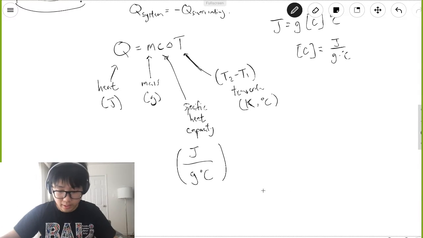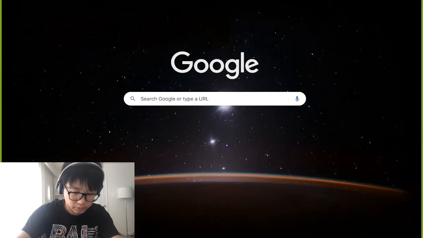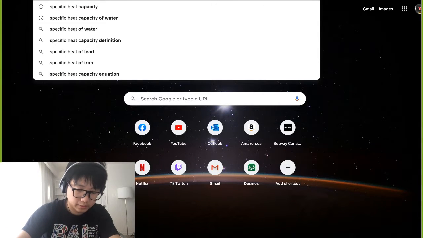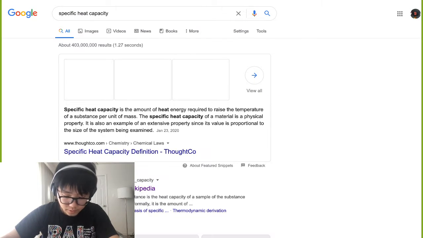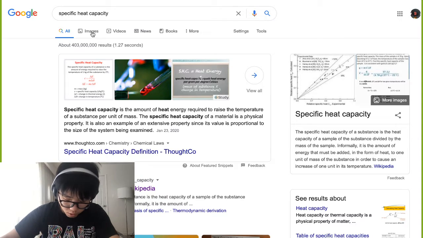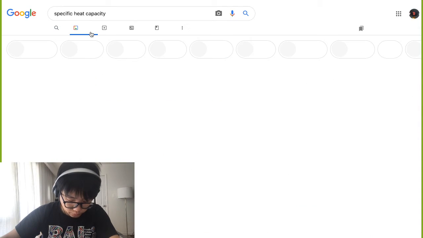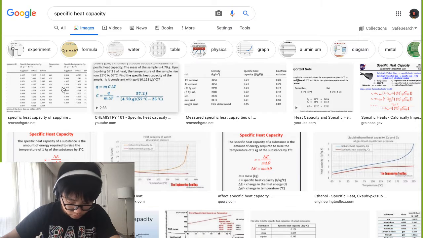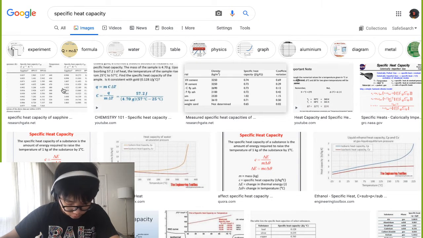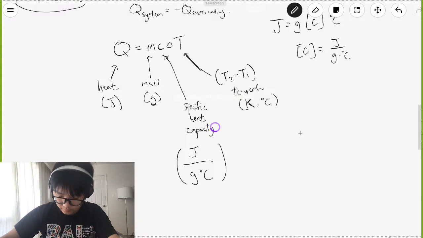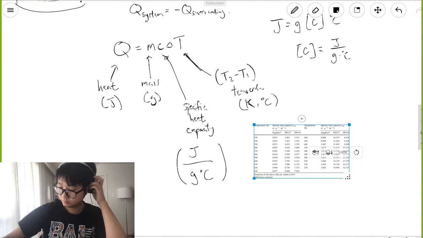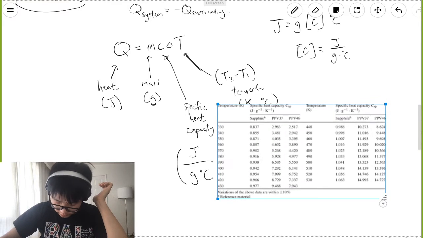All right, so let's look at a list of some popular heat capacities. This is also an appreciation of how special water is, because water has a pretty special value compared to a lot of other ones. So let's look at this chart.